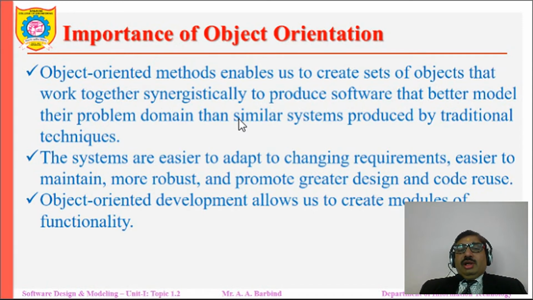So they are easier to adapt. That means changes can be made easily in object-oriented models rather than in traditional procedure-oriented models. They are also easier to maintain at a later stage.